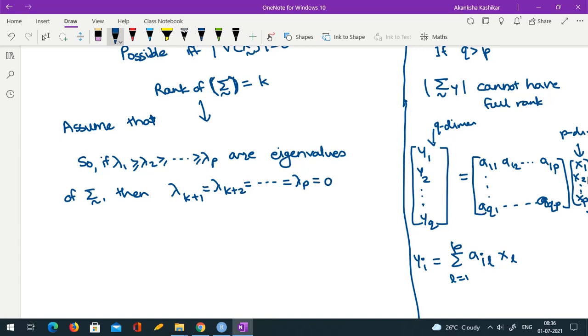Correct? If the rank is k, then only k eigenvalues will be non-zero, and in this case they will be positive because we have a variance covariance matrix, and all the remaining eigenvalues would be 0.